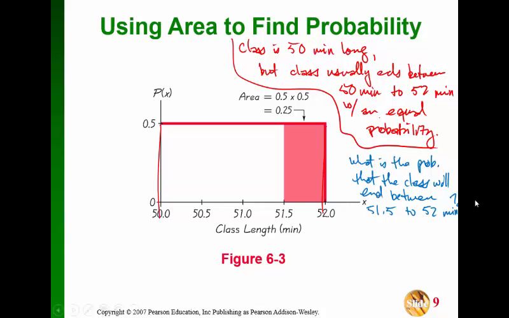What's the probability that the class will end between 51.5 and 52 minutes? So your answer is, this is 51.5 and this is 52 minutes, and you want to find the area under the curve between these two values. Since this is a rectangle, the area is going to be base times height. The base is the difference between 52 and 51.5, times the height.